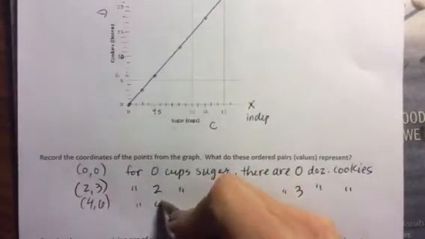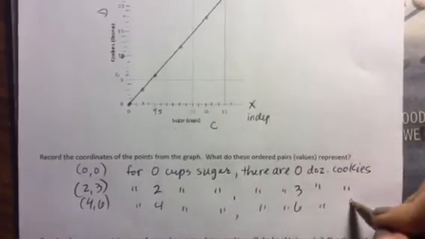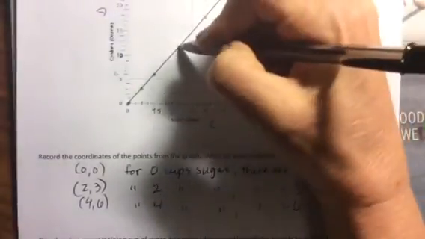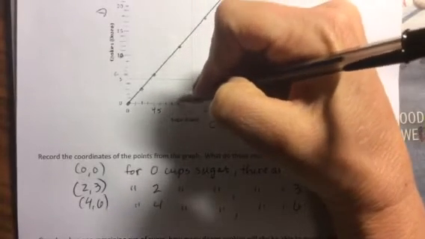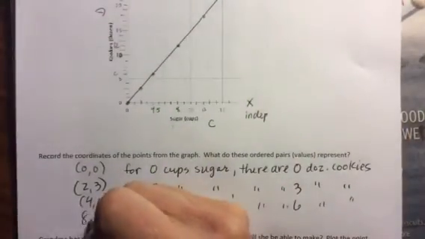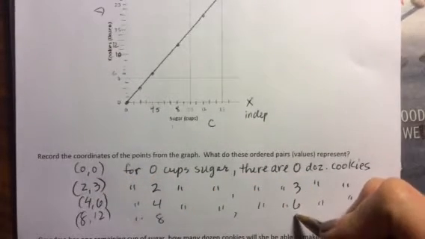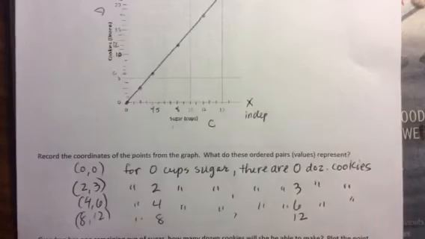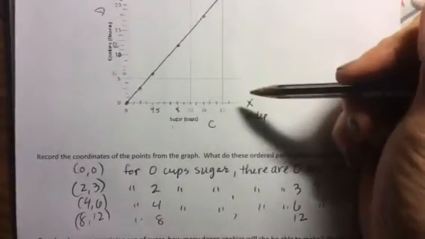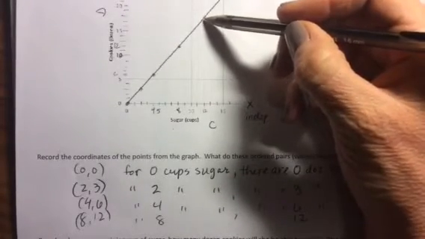And again, for 4 cups of sugar, there are 6 dozen cookies. And then the next one, this point right here, if we come down, that is at 8, and if I go over, I am at 12. So that's going to be 8, 12. Same thing here: 8 cups of sugar for every 12 dozen cookies. Then 12, 18.